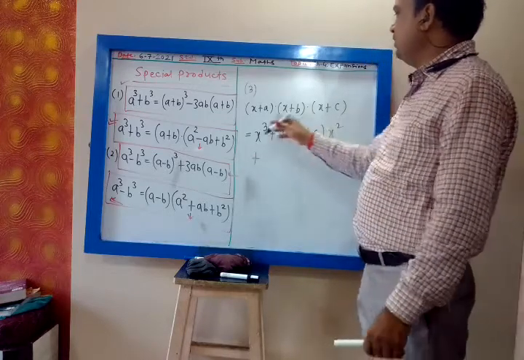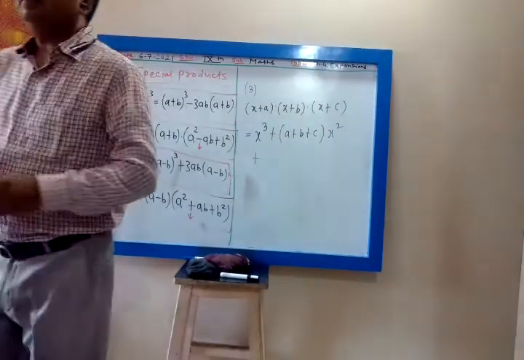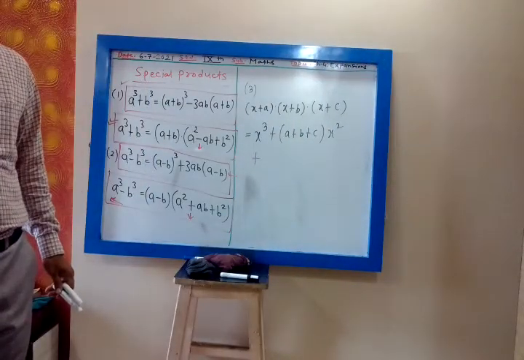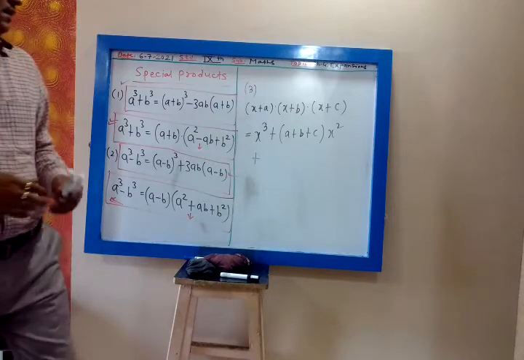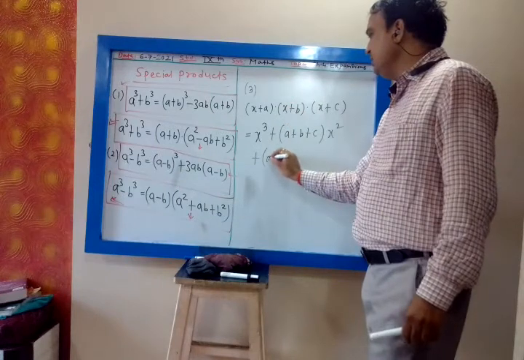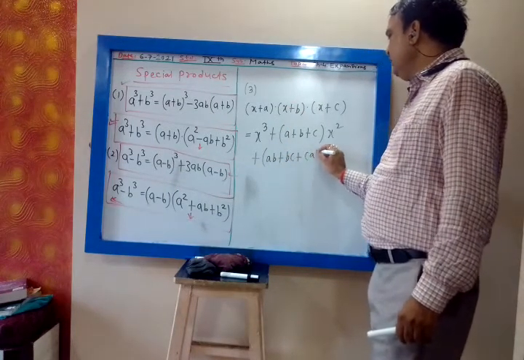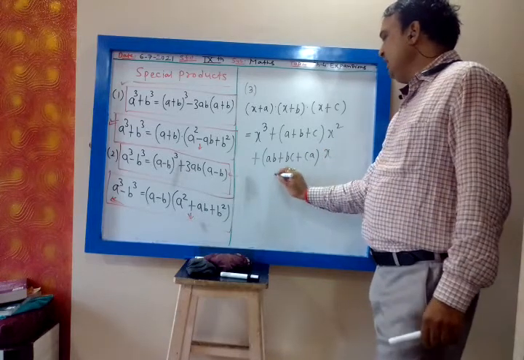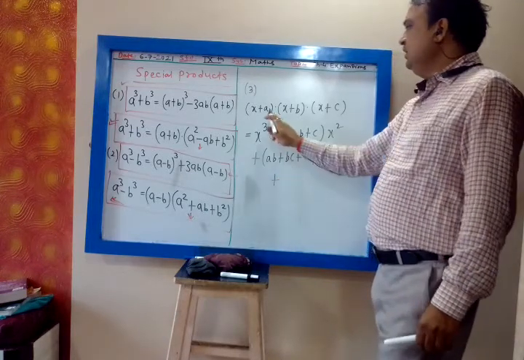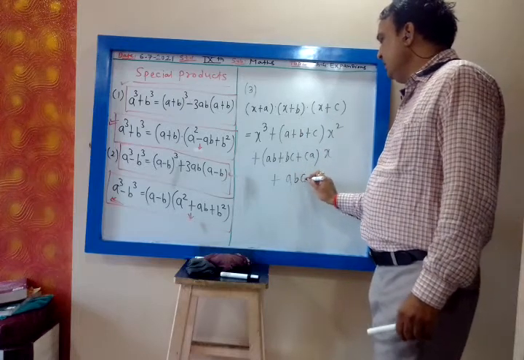Now you take the product of two numbers together. So if it is (x plus a) into (x plus b) into (x plus c), then it will be x cube, plus (a plus b plus c) into x square, plus the product of two numbers, (ab plus bc plus ca) into x, and last it is a into b into c, the product of three numbers, that is abc.